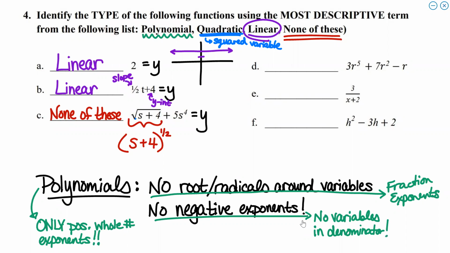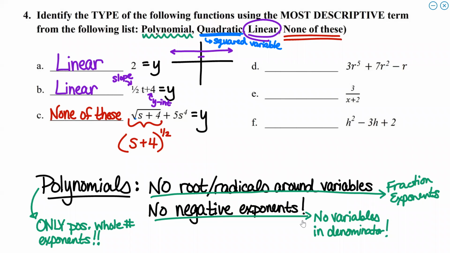So things that I'm looking for that would immediately disqualify it from being a polynomial. If I see a square root and there's a variable underneath it, it cannot be a polynomial. If it's not a polynomial, it can't be a linear or a quadratic, because those are special types of polynomials. The other thing I'm looking for is if there is a denominator, there are no variables down in my denominator.